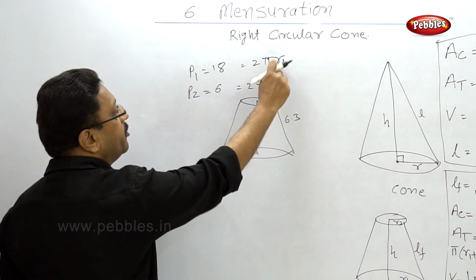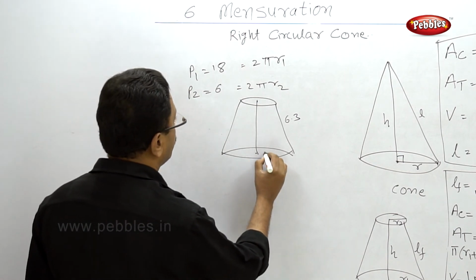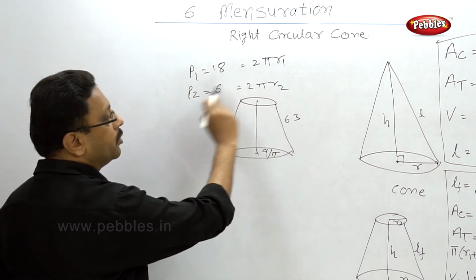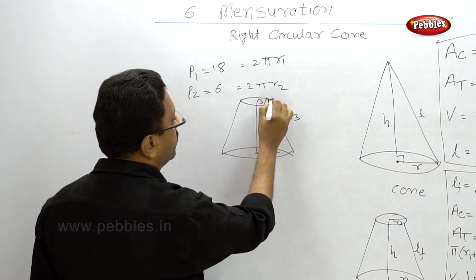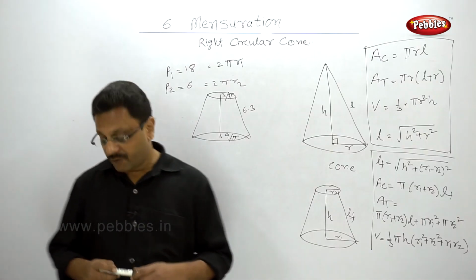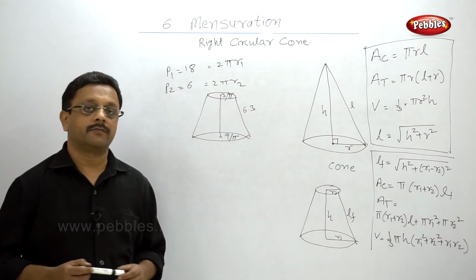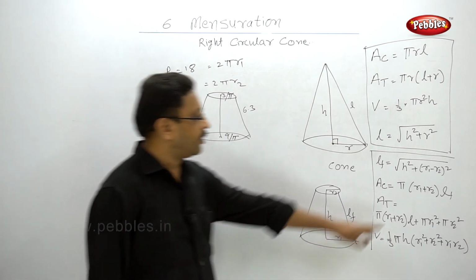So what will be r1 here? It is 9 upon pi, and r2 is 3 upon pi. After that, find the curved surface area of the frustum. Now based on this information, you have to find the curved surface area of the frustum.